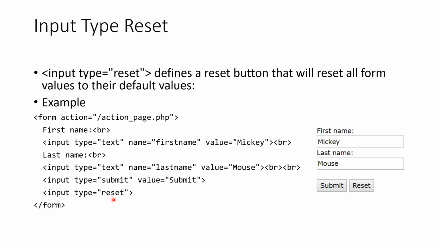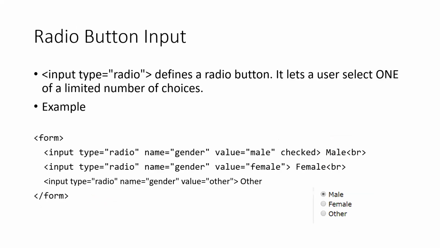Right, so that's about the different types of buttons available. Then there are other ways of getting input, especially when you want to give options. For example, if you take the gender of a person, usually you can limit it to a few options: male, female, and other.